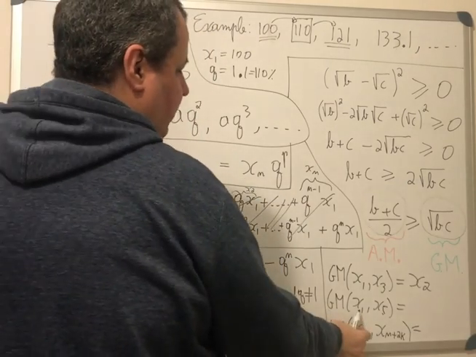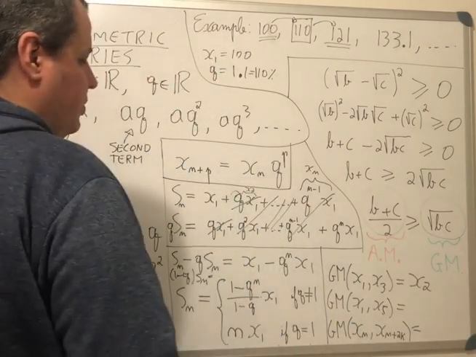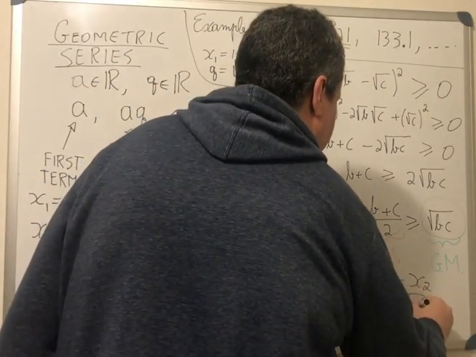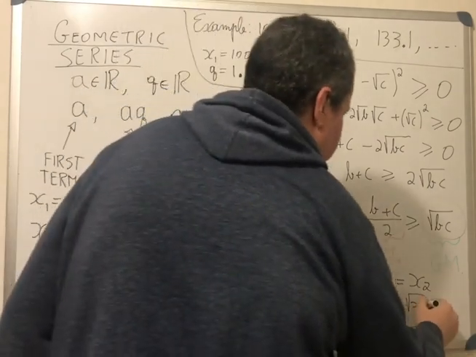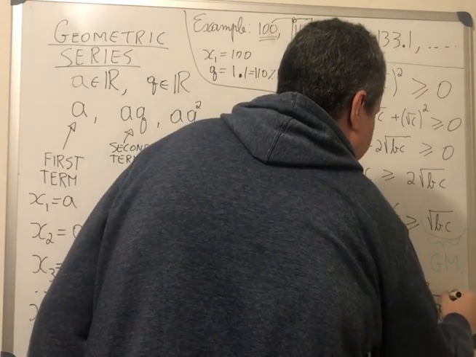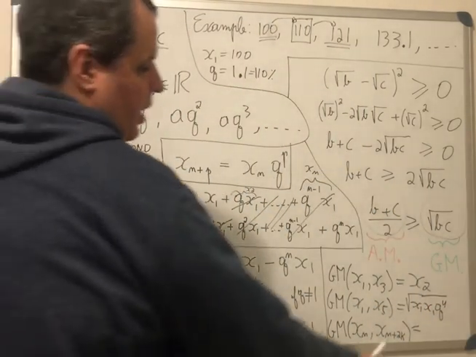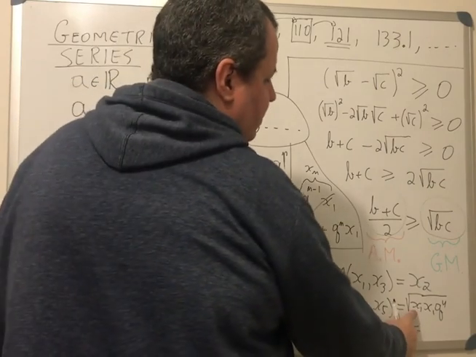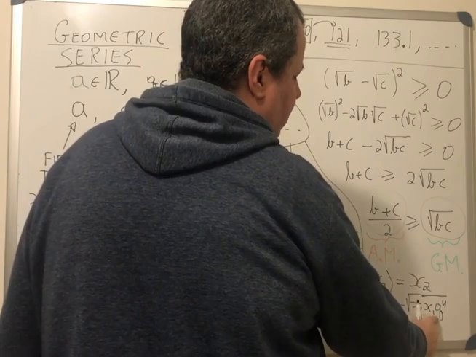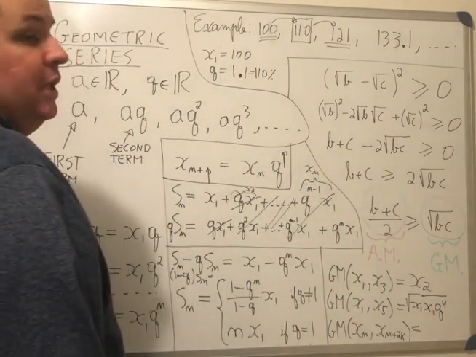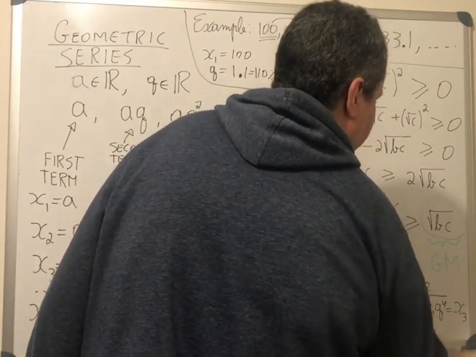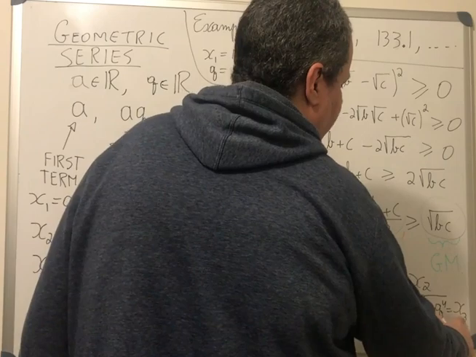The geometric mean of the first and the fifth term, well, who's the fifth term? The fifth term is x1 q to the power 4. When I take the square root of x1 times x1 q to the power 4, I will have an x1 and a q squared. So that will be the third term, x1 q squared.